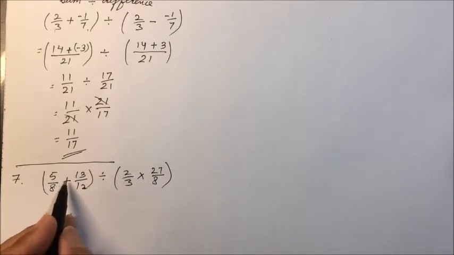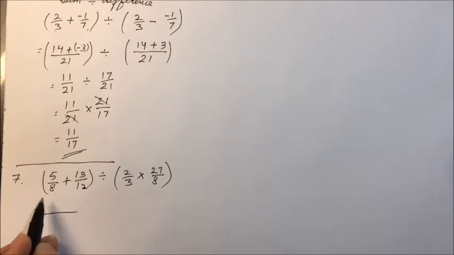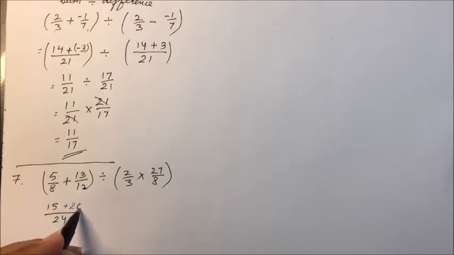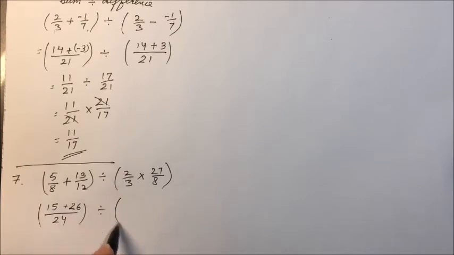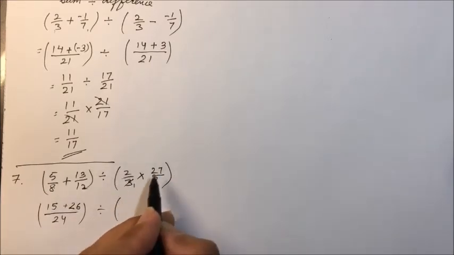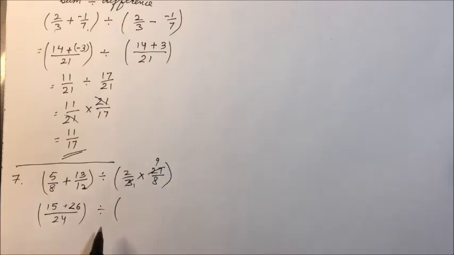Here take the LCM, it will be 24. Now 8 3s are 24, so here we will get 15, 5 3s are 15, 12 2s are 24, so 13 2s are 26, divided by the product of them. So 3 1s are 3, 3 9s are 27.